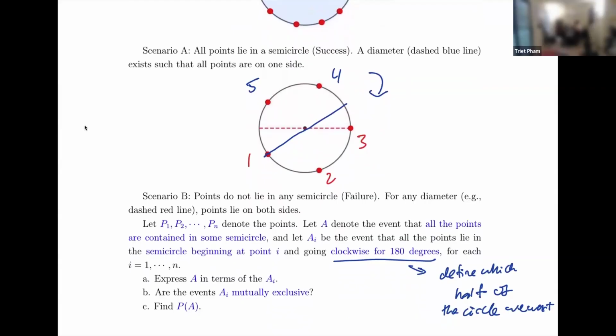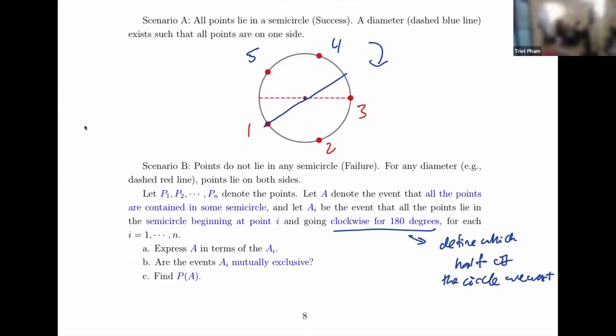You can go through the points and look at the clockwise half, or you can look at the counterclockwise half, it doesn't matter, as long as you do it consistently. It will be equivalent to being able to have all the points on some semicircle. Does that make sense?